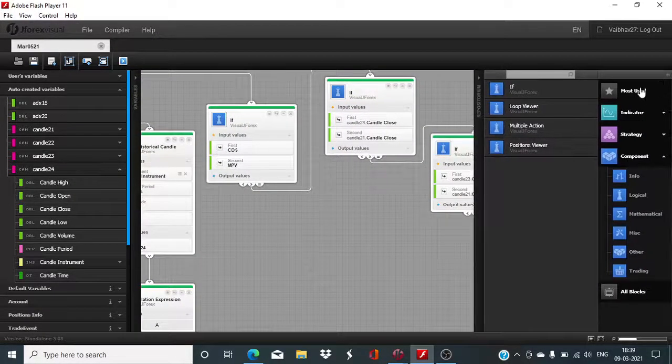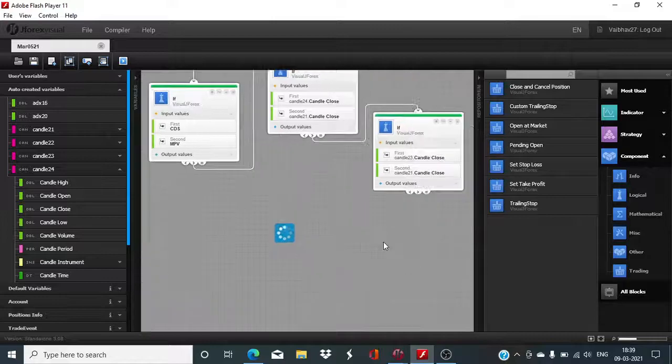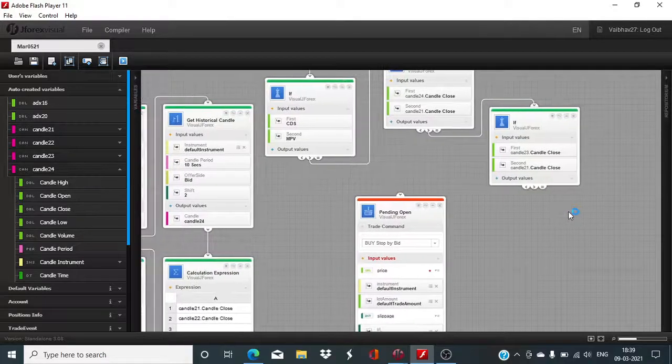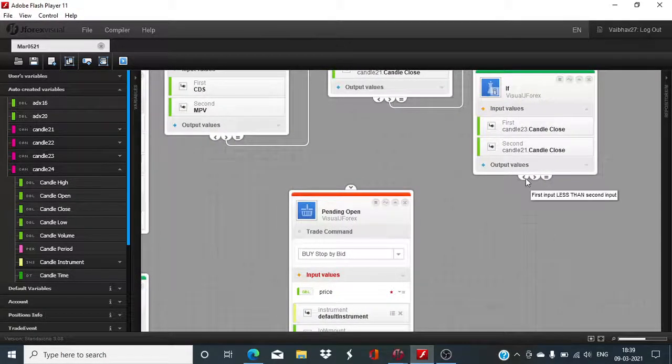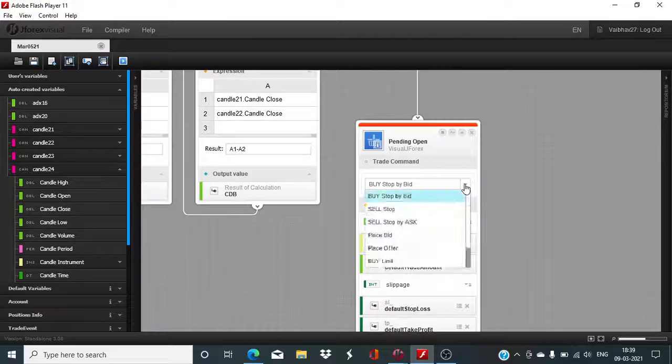Okay, so now is the time to bring in the trading block pending open. Now here this is going to be a sell limit order.